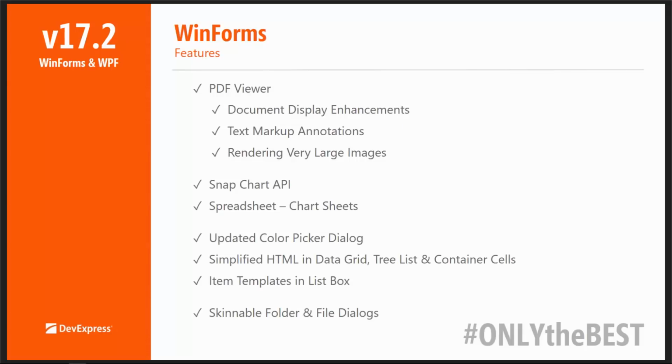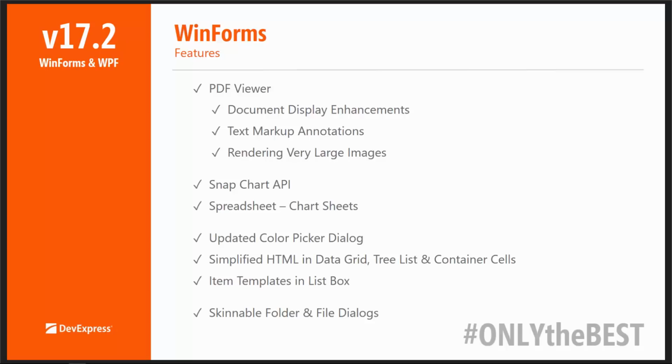There are some minor updates. I use the word minor, but the snap tool now has full support for adding charts via the API. The spreadsheet control also has the ability to add a new chart sheet, separate to the page you're working on, which you can present as well, Julian. We've got updates to the color picker dialog.